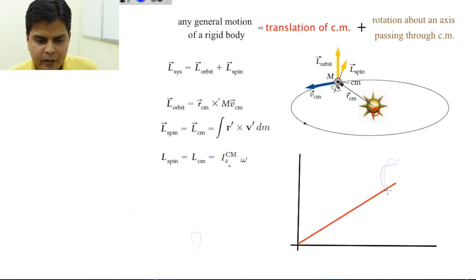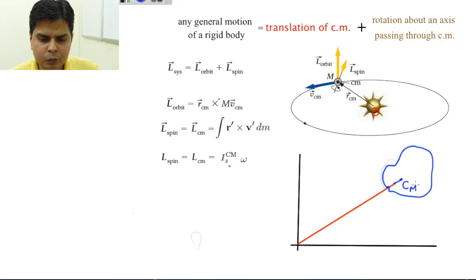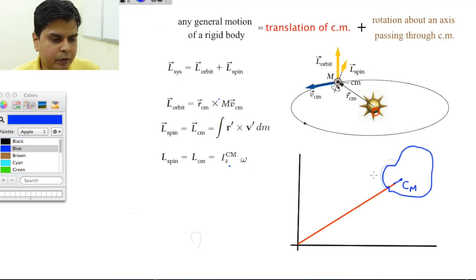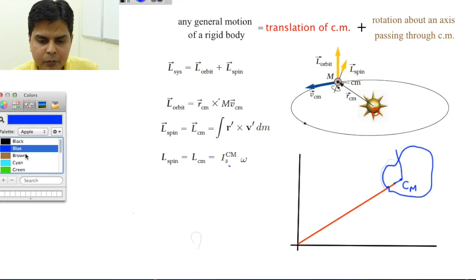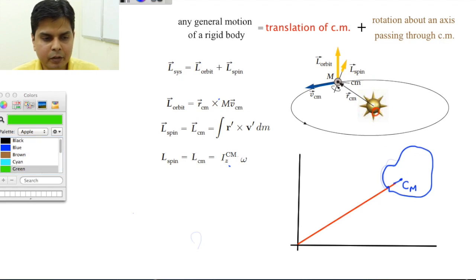Suppose I have been given an arbitrary shaped body, whatever this shape is, and suppose this is the center of mass. This body is moving with a velocity in this direction, let this be the velocity of center of mass.